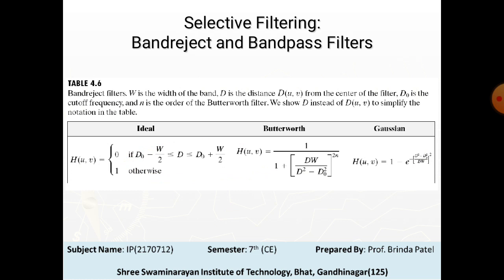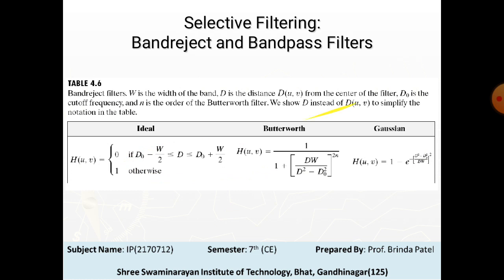So here are the band filters, where W is width, D is distance, and D(u,v) is from the center of the filter.